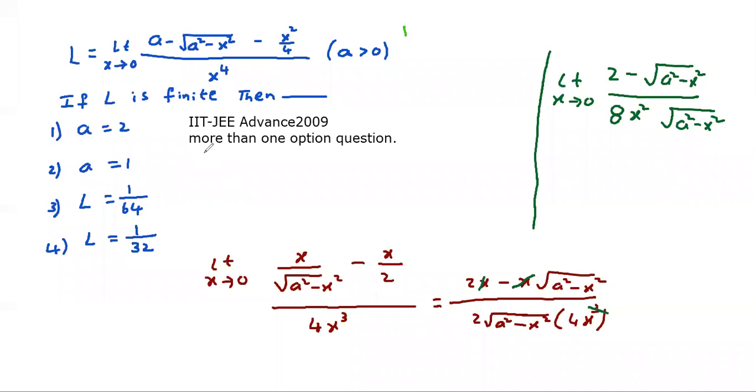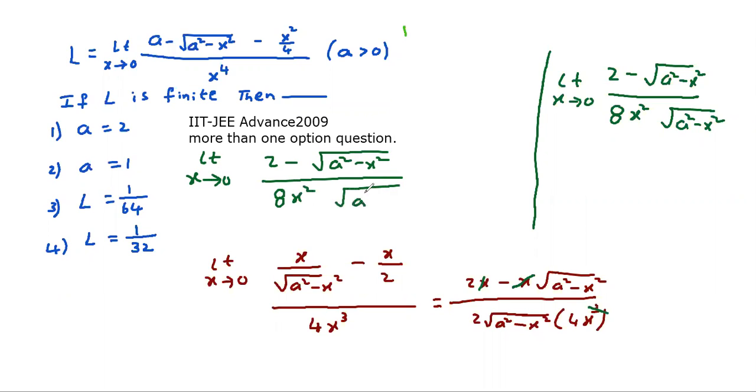Now this is limit x tends to 0, 2 minus root a square minus x square by the denominator 8x square into under root a square minus x square.